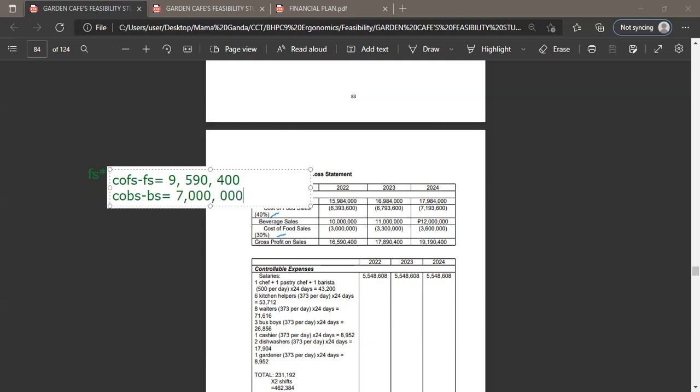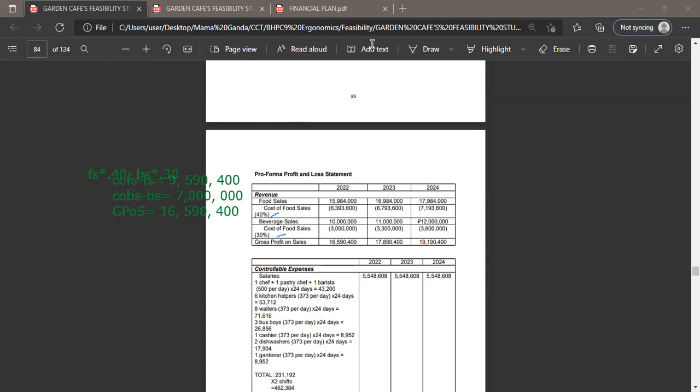After that, we need to add these two, and then we will get the gross profit on sales amounting to 16,590,400 pesos. So that's how we will get the gross profit on sales.